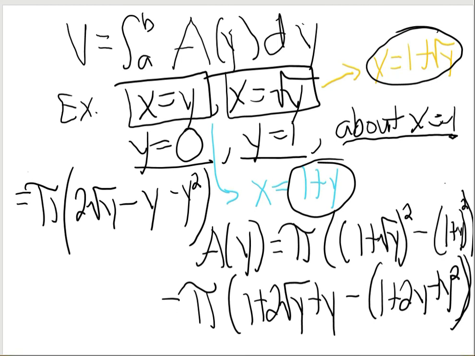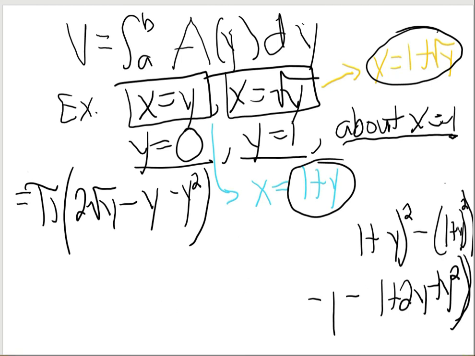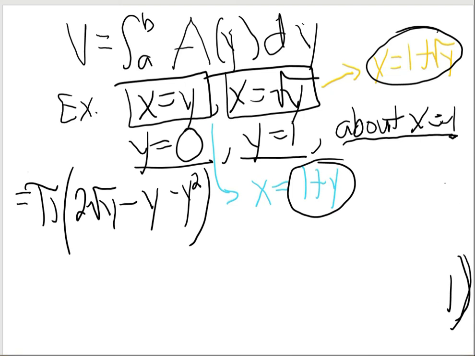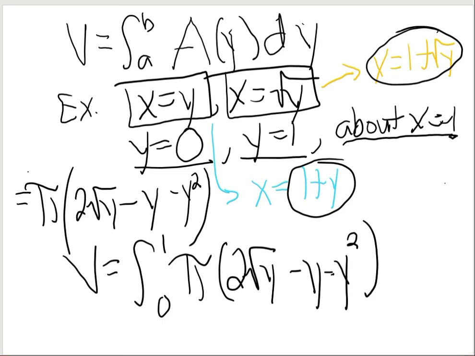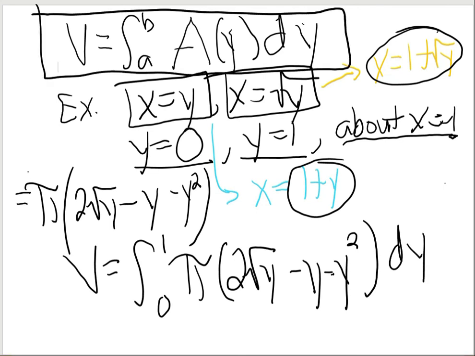Okay, so now is the point when we can look at, well, what's the volume? So let's do that computation. It's going to be the integral from 0 to 1 of pi times 2 square root of y minus y squared dy. Just going back up to this formula. Alright, so that's going to be pi.